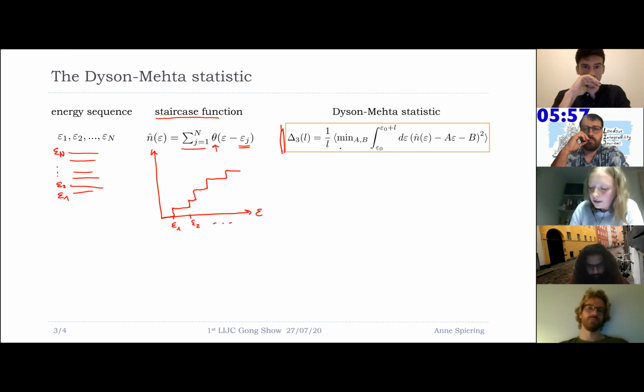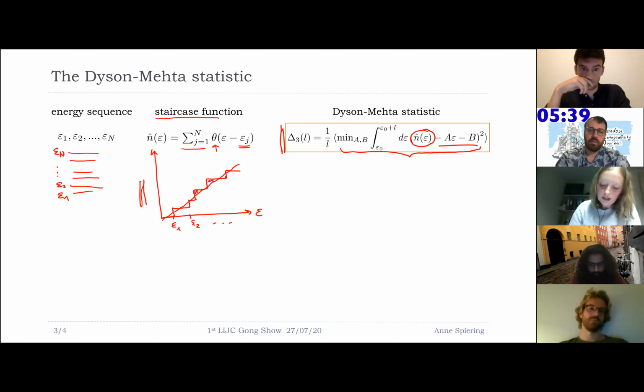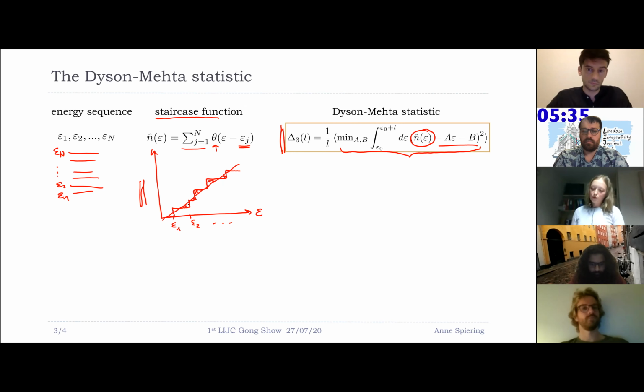Inside of these angled brackets, this is just the least square deviation of the staircase function from the best straight line fitting it. So for example, in this picture I would probably have a line here, and then I would compute the square deviation between those two functions.